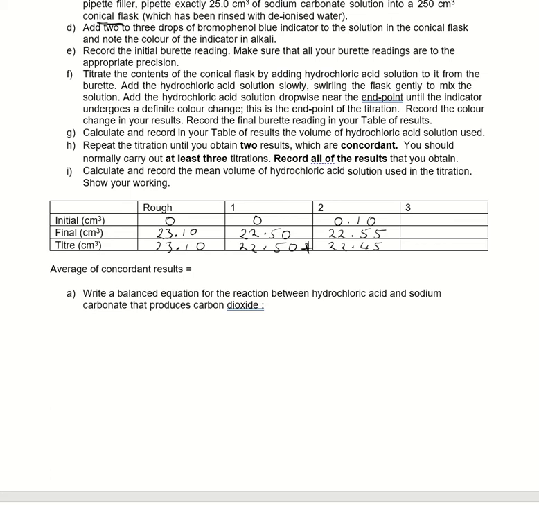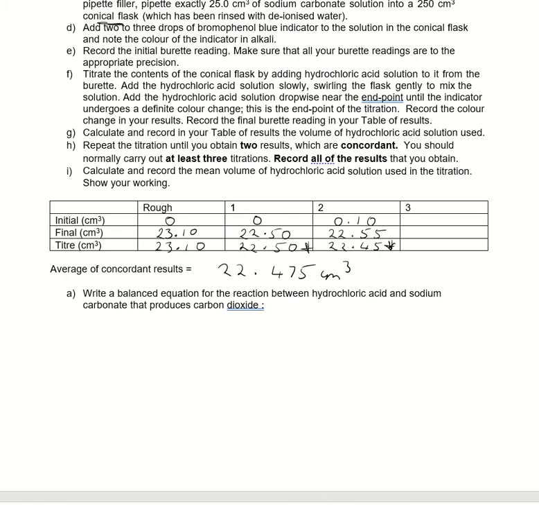So concordant results straight away again, just to save me writing a third. The average of these, and there. And now this is what we'll be using for some of the calculations to come.